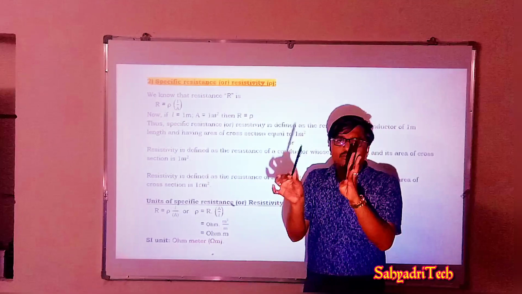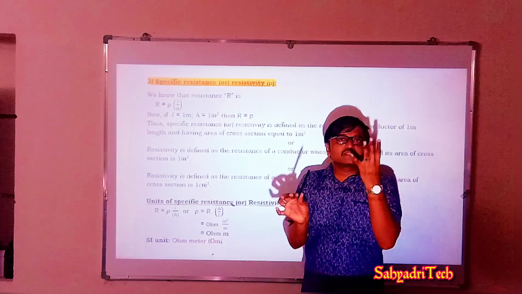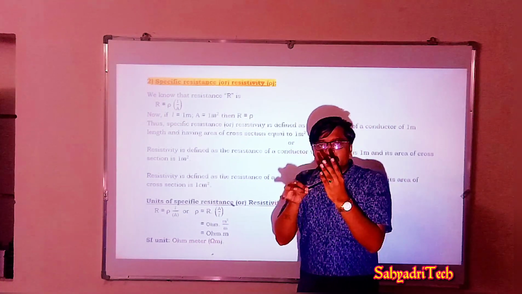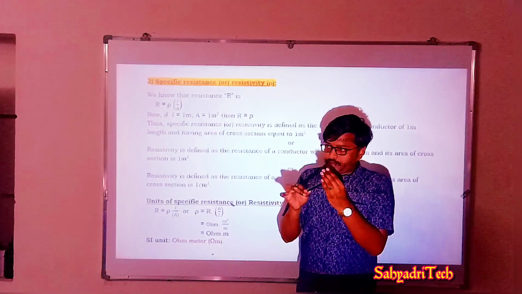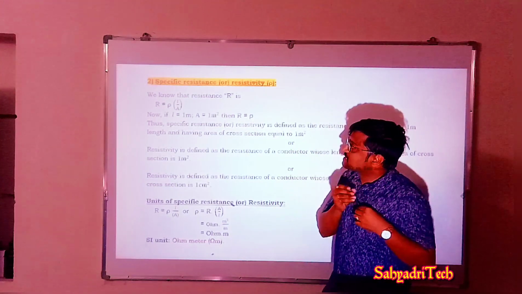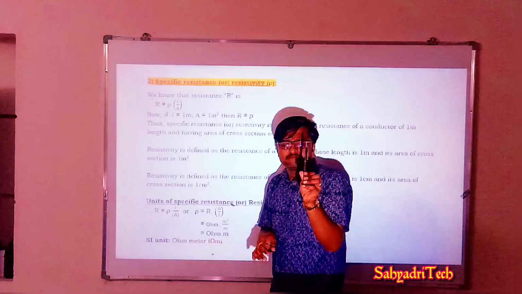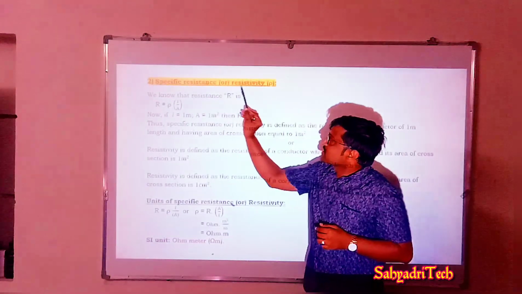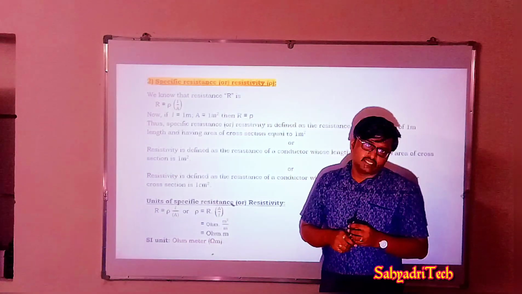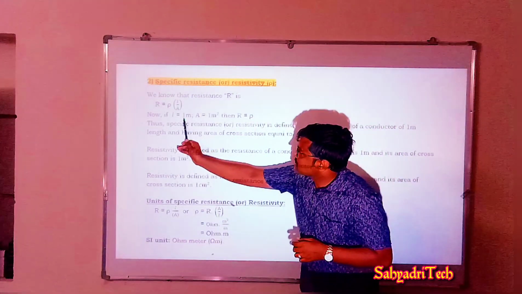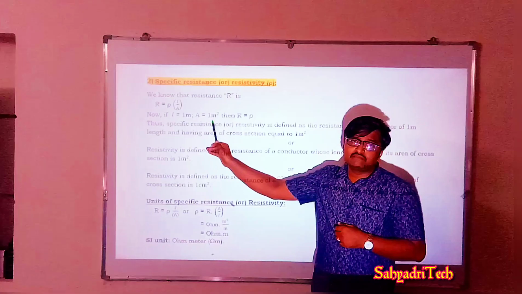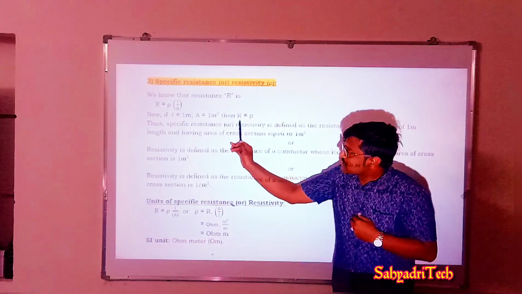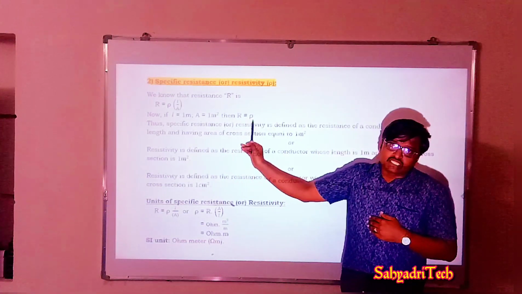This means this conductor is associated with four properties. We are looking for the relation among these four properties. First we said resistance, and now we are looking for specific resistance, or resistivity. If length is 1 meter and area of cross section is 1 meter square, then resistance becomes equal to resistivity.